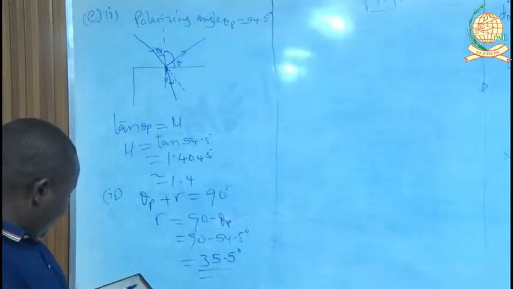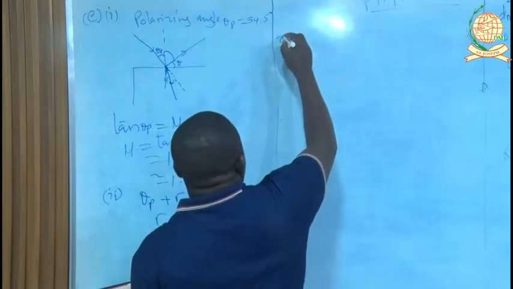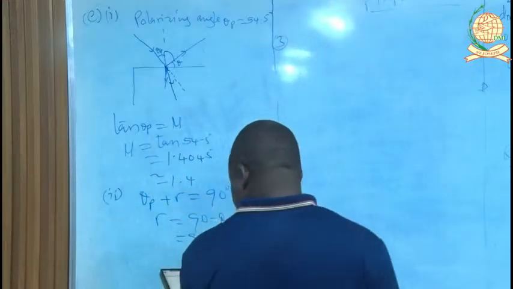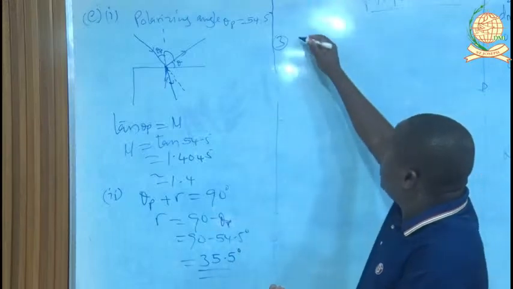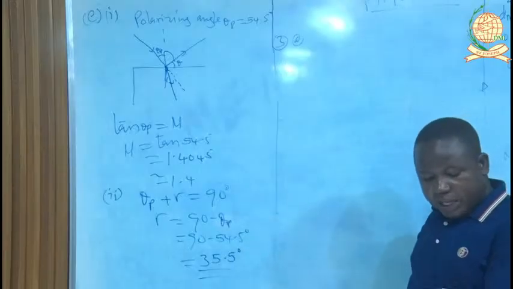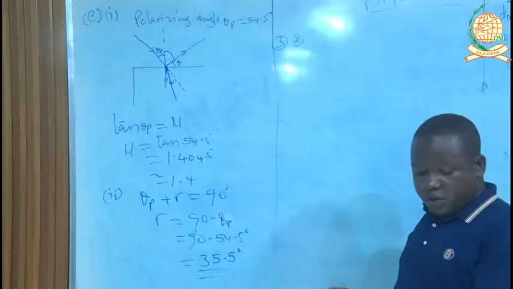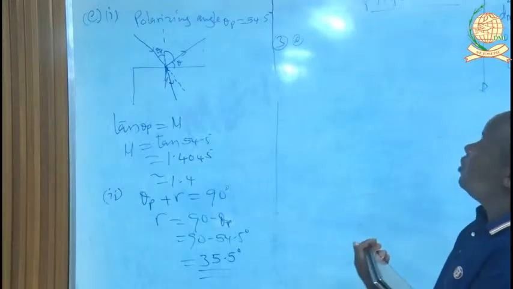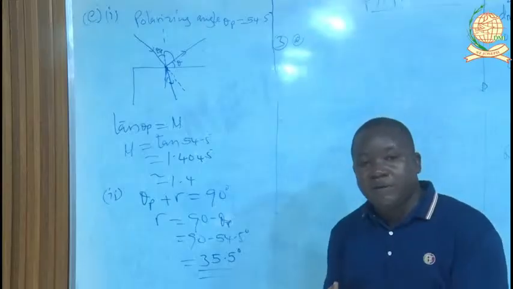Question number 3. A, Roman 1, state the assumptions of kinetic theory of gases. Of course, those are the assumptions. Assumption number 1, the volume of the molecules is negligible compared to the volume of the container.